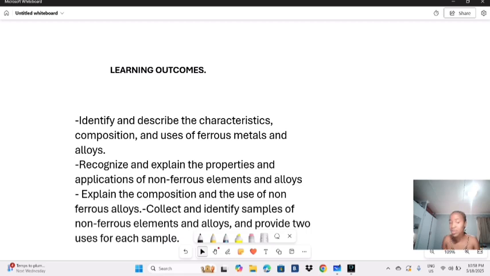We'll also be able to explain the composition and use of non-ferrous alloys, collect and identify samples of non-ferrous elements and alloys, and provide uses for each and every sample.